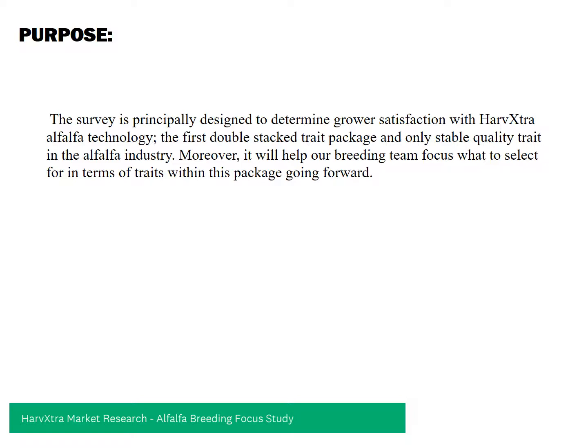So most of the questions that I've designed are going to gravitate around the idea of the mode function so that we might know what most grower respondents think about the value of HARVXTRA. We can determine things like, do they feel that they get the value for their money by planting and buying HARVXTRA?